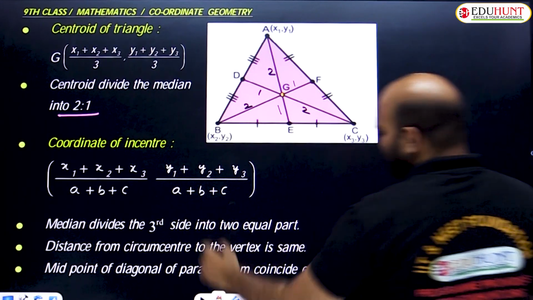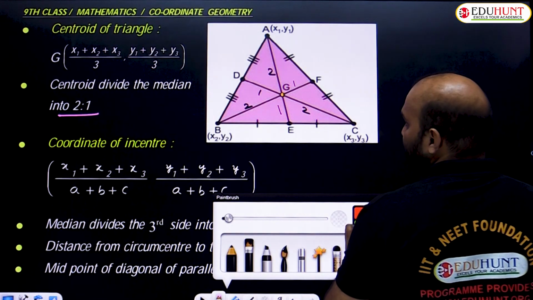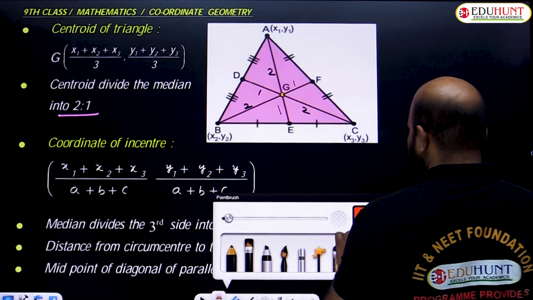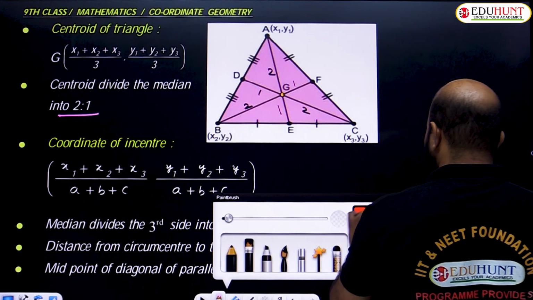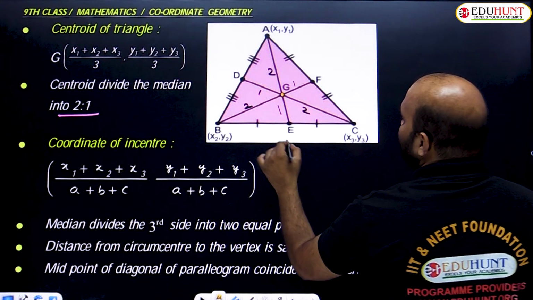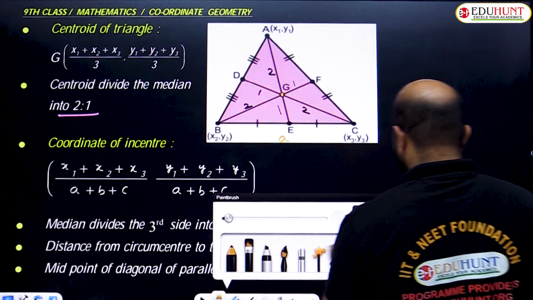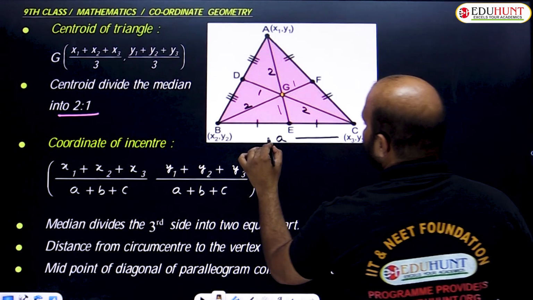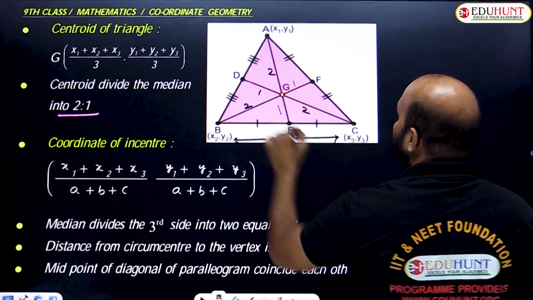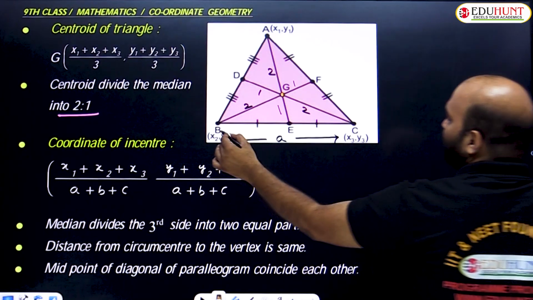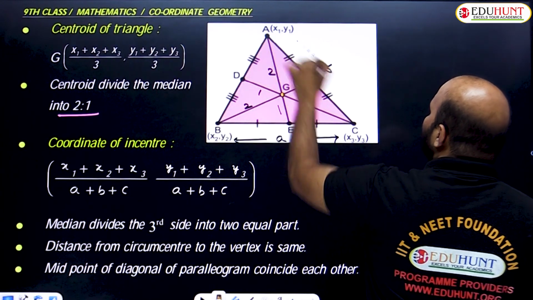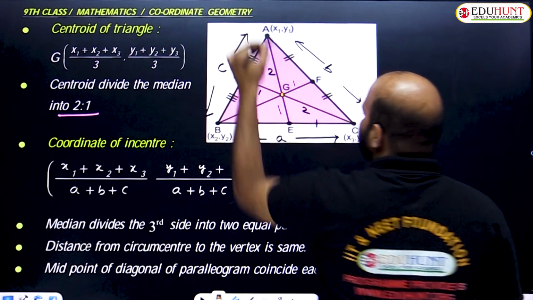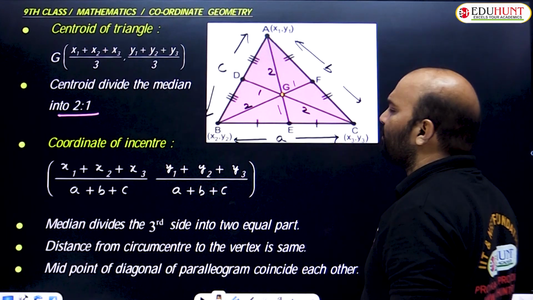So here what are a, b, c? Let me take small a, b, c as the lengths of the sides opposite vertex A, vertex B and vertex C. Okay, these are the distances. So how to define the coordinates of the in-center?